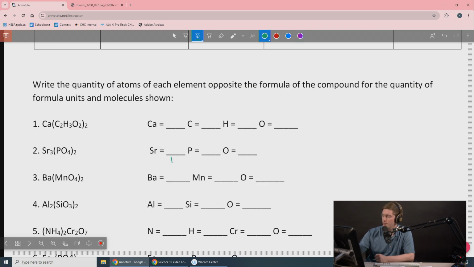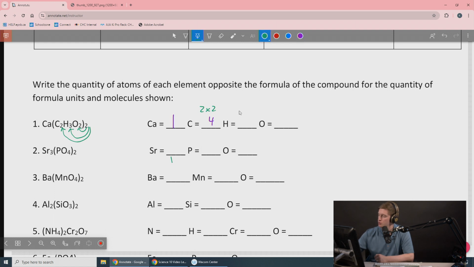This 2 applies to everything inside the brackets. What that means is we've got only 1 calcium here because there's no subscript. But this 2 multiplies everything inside the brackets. So that will be 2 times 2 for the carbon, which means we have 4 carbon.